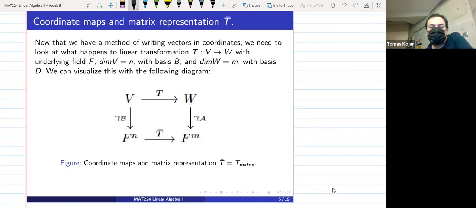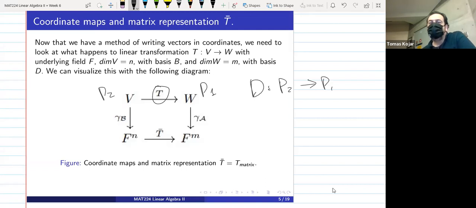You will be given some linear map. Let's say this is P2 and this is P1 and T is the derivative map. This is a linear map, but how do you define a matrix for the derivative?